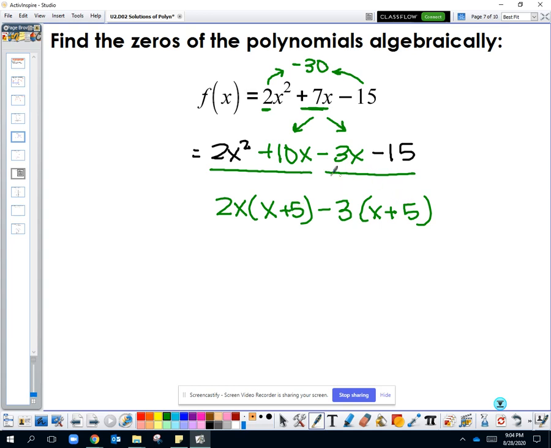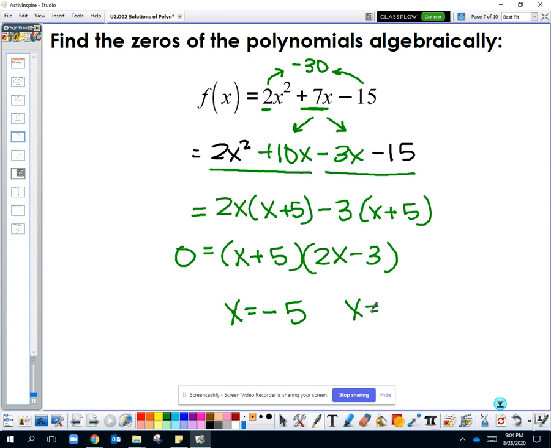Because both of the terms in parentheses are the same, that's one of the binomials. And then I take all the leftovers outside of the parentheses. That's the second binomial. So I can take all of these values, set them equal to 0, the 2 factors I have. My solutions will be x equals negative 5 and x equals 3 halves, or 1.5 if you like to write it as a decimal or a fraction. It's totally up to you.